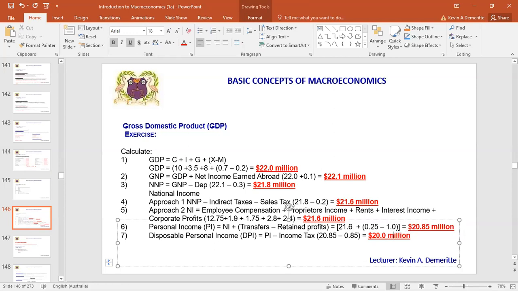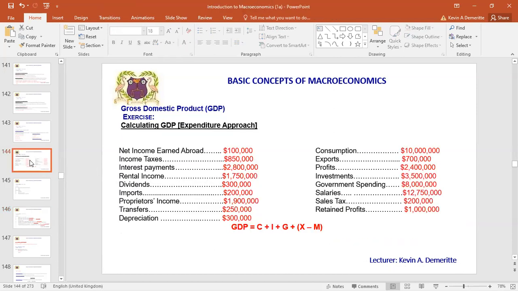Mr. Merit. Yes, ma'am. Where do I find X minus M? Where is that? Okay, so let's go to here's our table, right? And you see at the bottom of the table, our expenditure approach for calculating GDP, right?